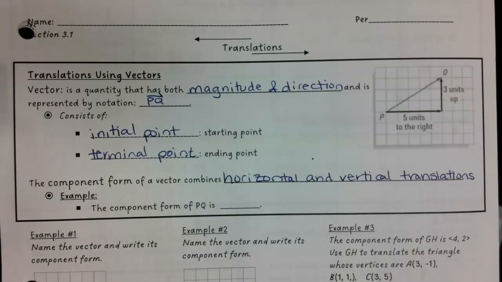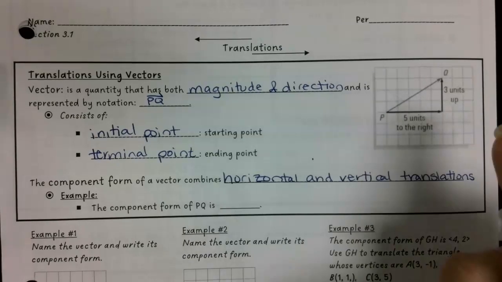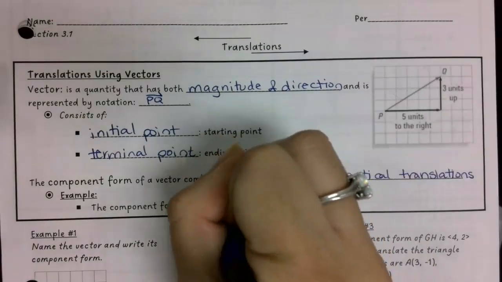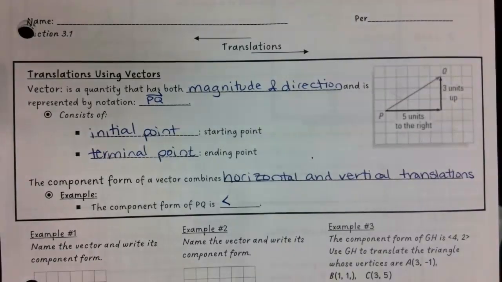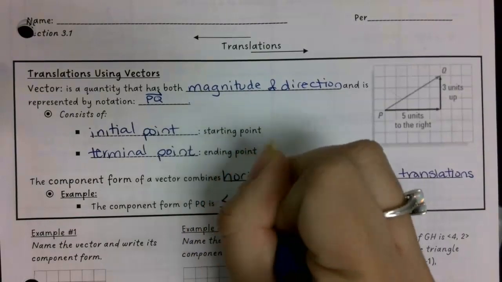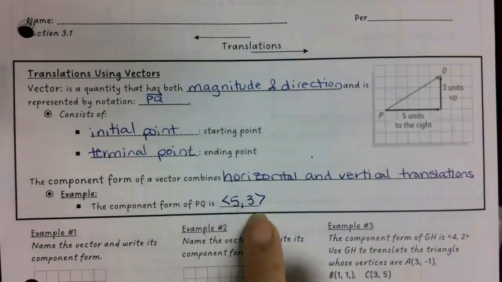And then I need to write my component form of PQ. So what I'm going to do is it's going 5 units to the right and 3 units up. The way I write this is I have this little arrow looking thing, and then I'm going to have 5, 3. So this is telling me 5 right and 3 up.